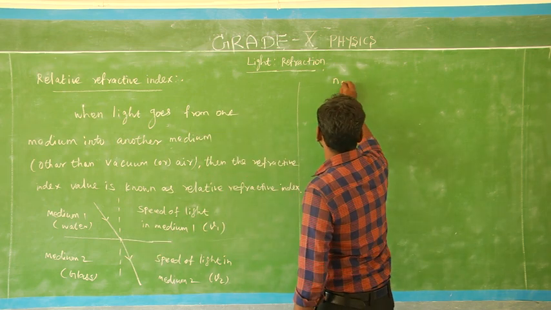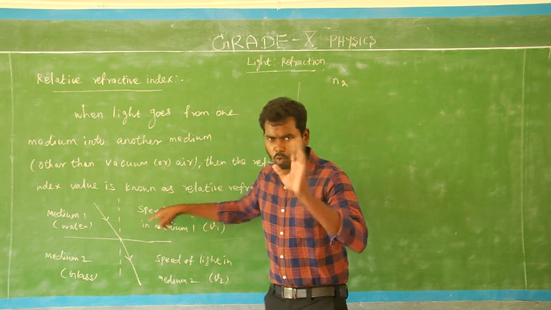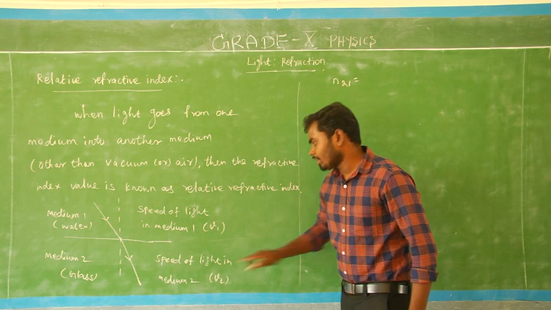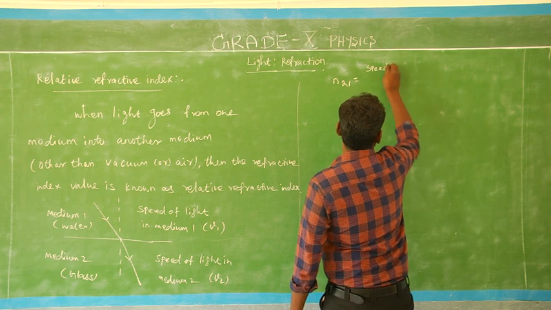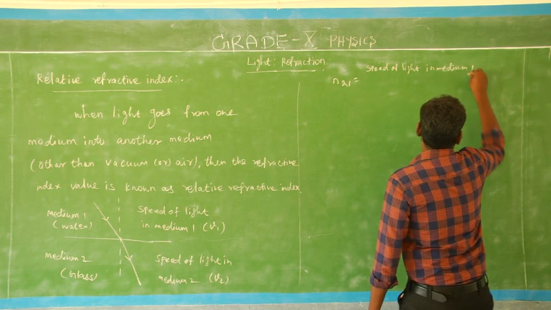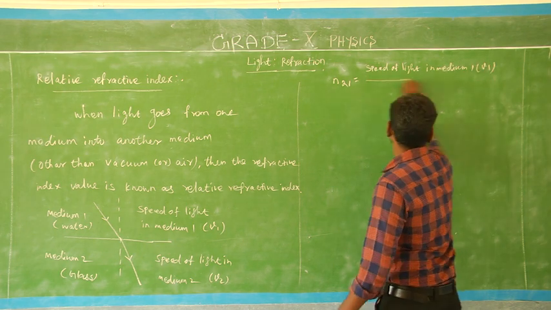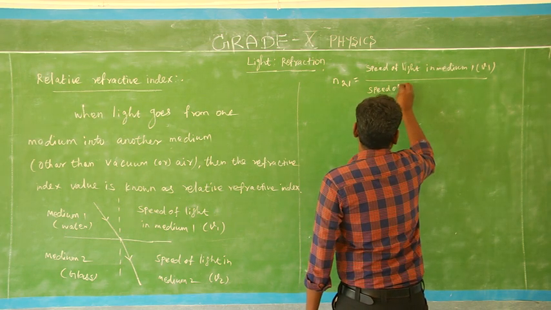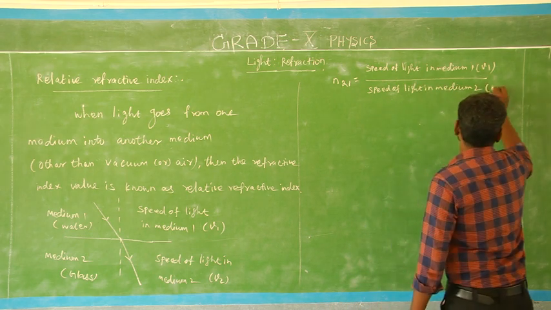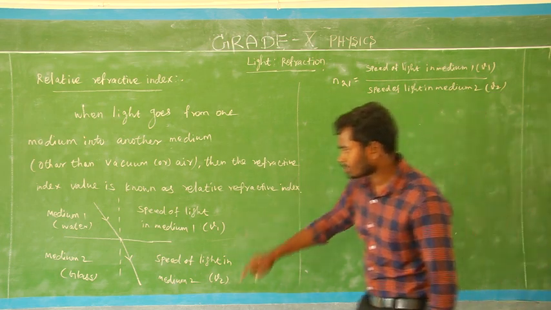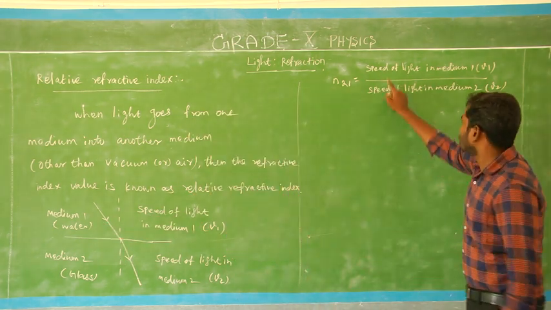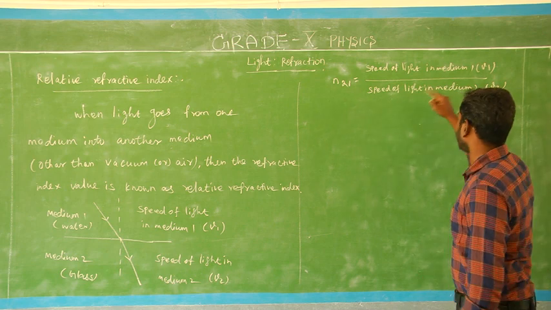So the refractive index of medium 2 with respect to medium 1, where the light is coming from, is equal to the speed of light in medium 1 divided by the speed of light in medium 2, that is small v1 divided by small v2. So the refractive index of glass with respect to water is the ratio of the speed of light in medium 1 to the speed of light in medium 2.